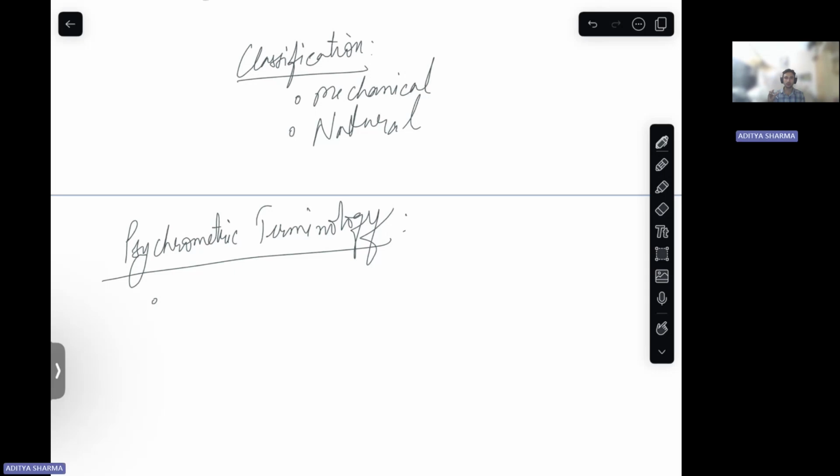Okay. So for all the thermodynamic analysis related to this saturated, unsaturated state, humidity has been defined, right? So different definitions are there. So one is your relative humidity.